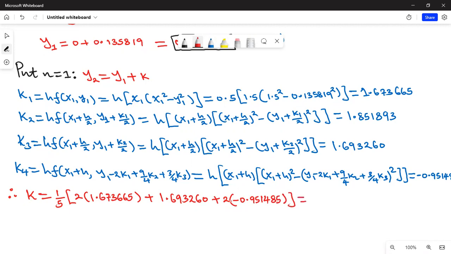And so press that in your calculator. That should give you 0.627524.